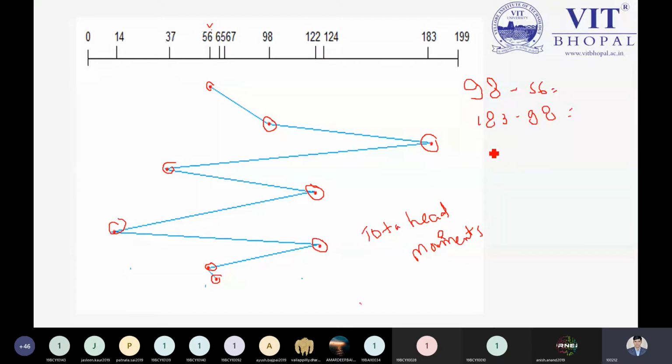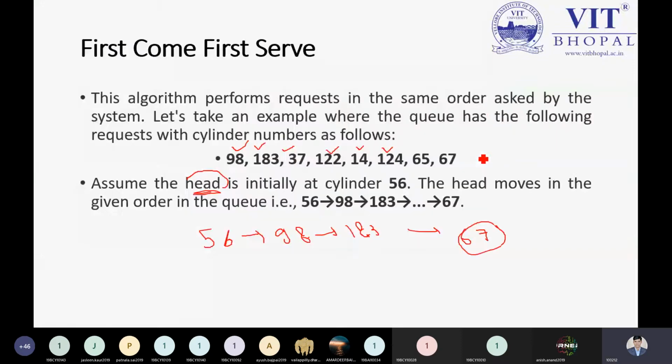So we have 183 minus 37, then 122 minus 37, then 122 minus 14, then 124 minus 14, and 124 minus 65, then 67 minus 65.